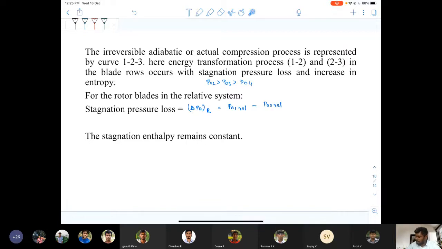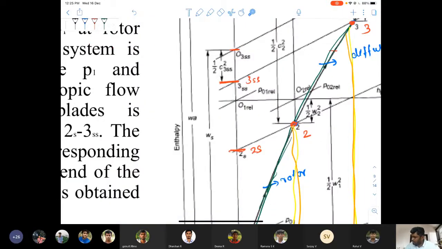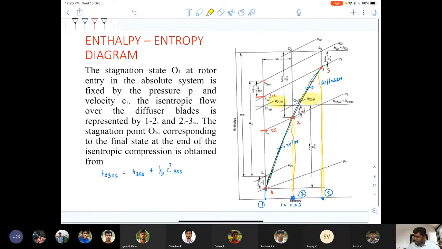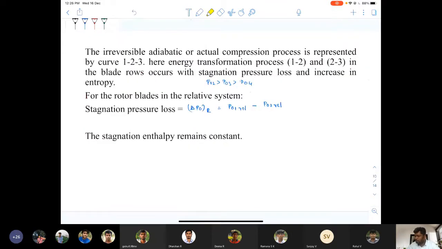That is, the stagnation pressure loss will be equal to the difference in the relative pressure at points 1 and 2. Okay, this is the relative pressure at point 1 and this is point 2, and the difference of these will give the stagnation pressure loss in the rotor blade.